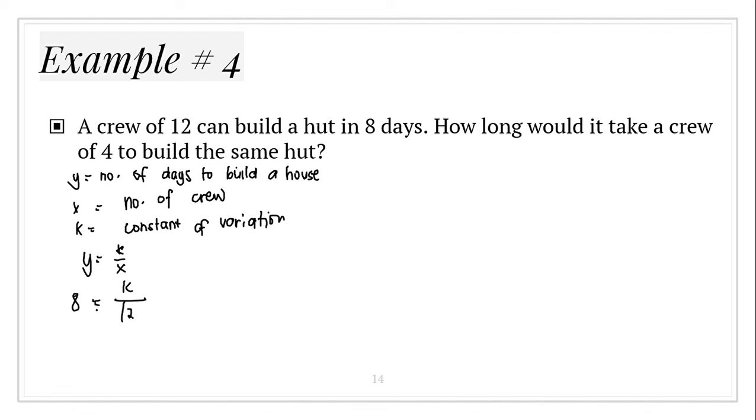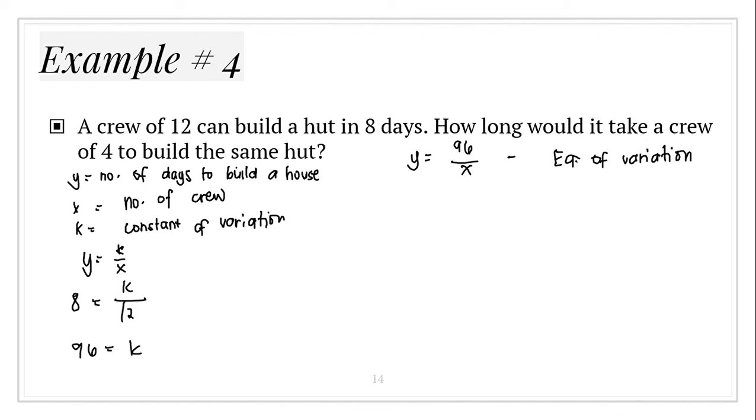So again, cross multiply. So 8 times 12, that is 96, is equal to k. So let's write the equation of variation. So again, the equation of variation is y is equal to 96 over x.